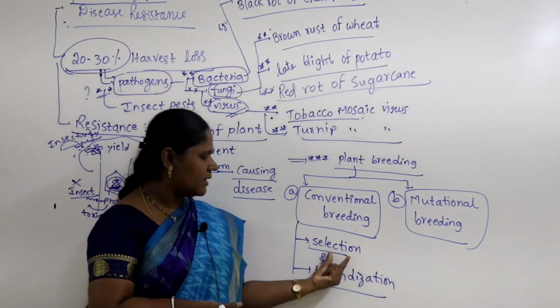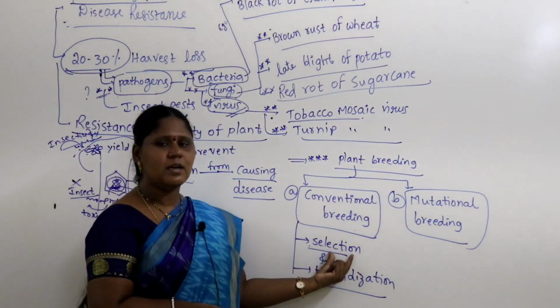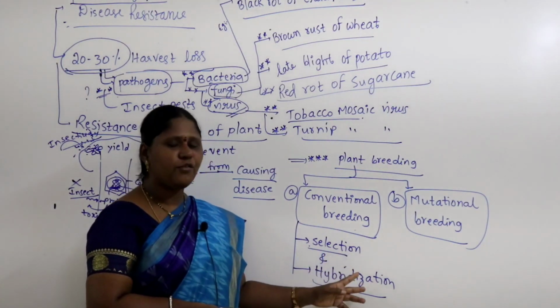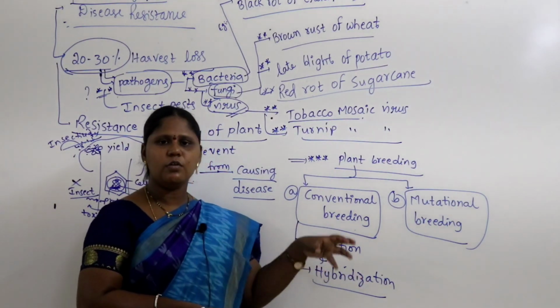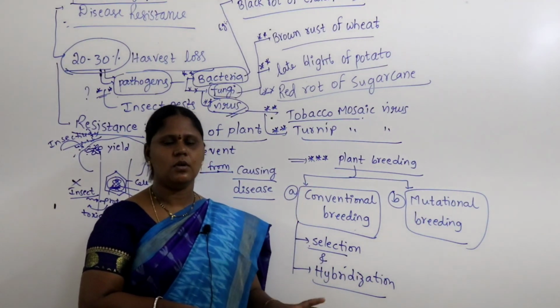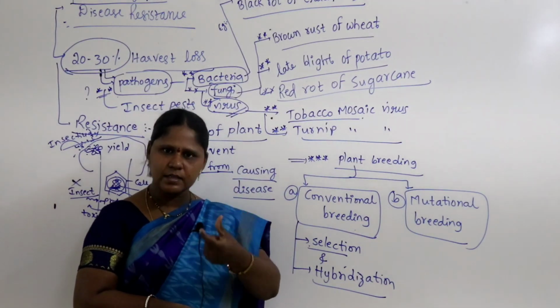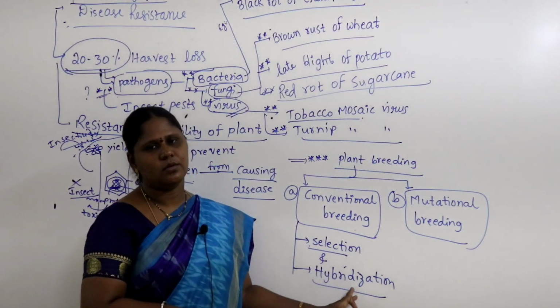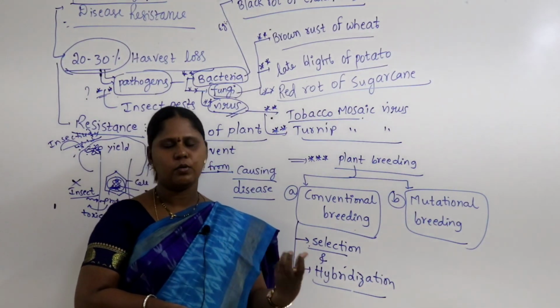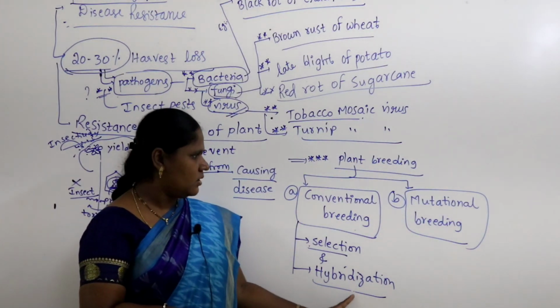From the different varieties collected, the best two are selected, that is selection followed by hybridization. Hybridization includes what? Transfer of pollen grain from one flower to the female flower, lying on the stigma, and the pollen grain enters the stigma and gets fertilized with the egg, leading to the formation of the embryo and young plantlet, and the plant will have desirable characters, right.